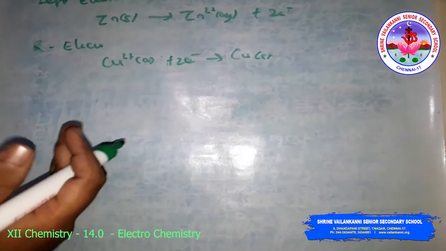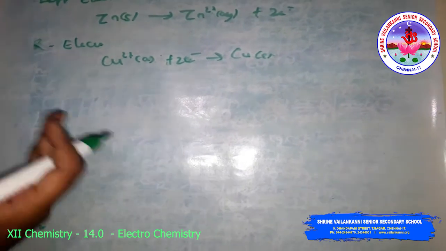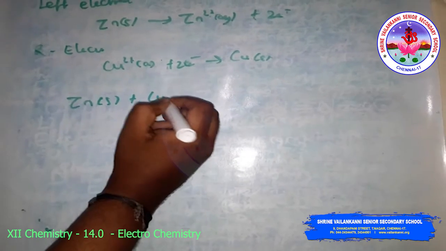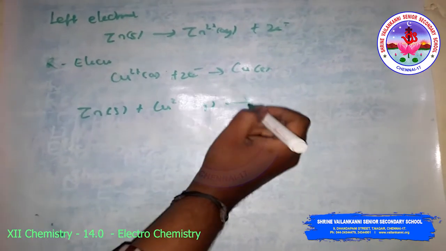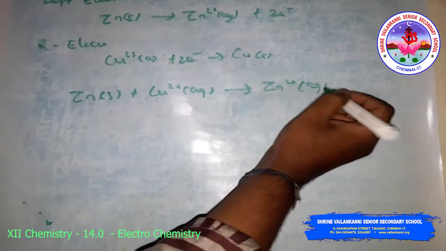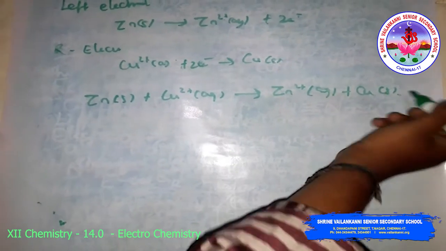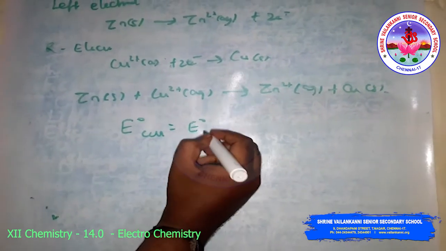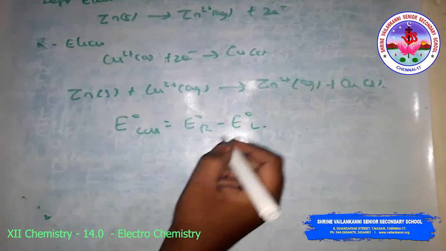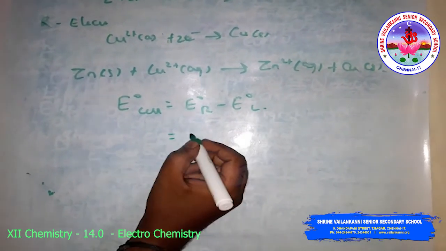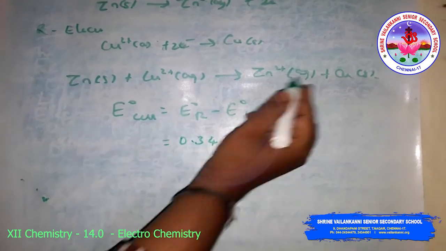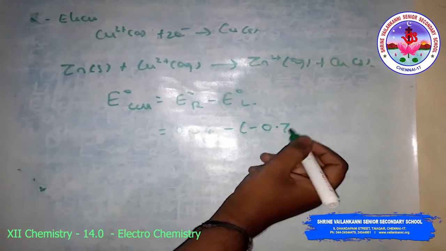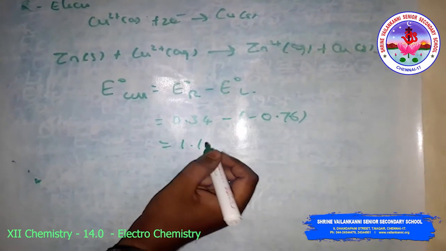The overall cell reaction, the sum of the above two reactions, is Zn(s) plus Cu2+(aq) gives Zn2+(aq) plus Cu(s). So E naught cell is equal to E naught right minus E naught left, which is 0.34 volt minus (minus 0.76), giving 1.10 volt.